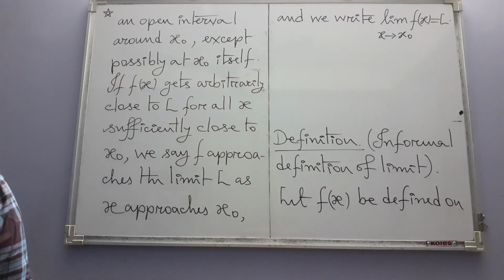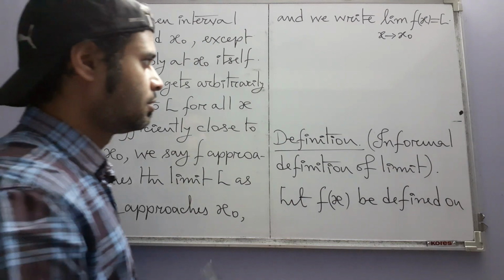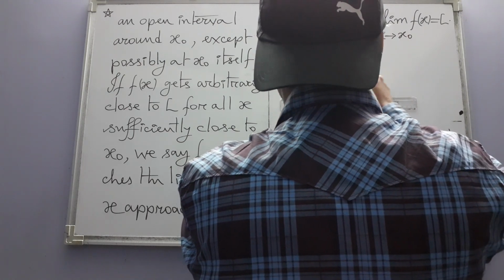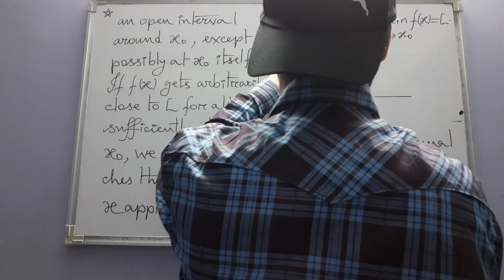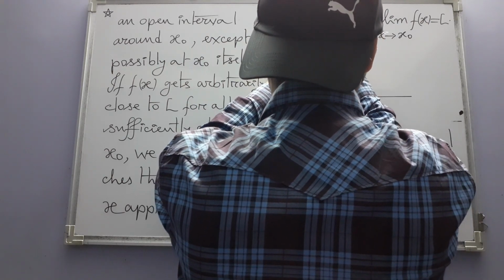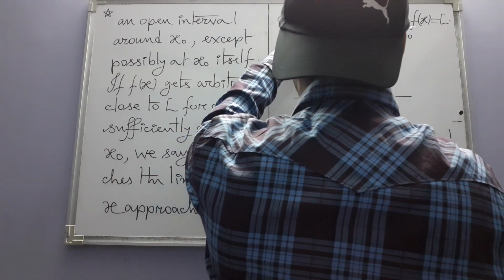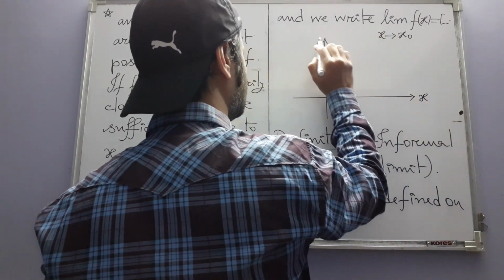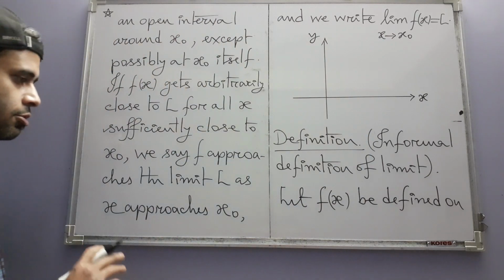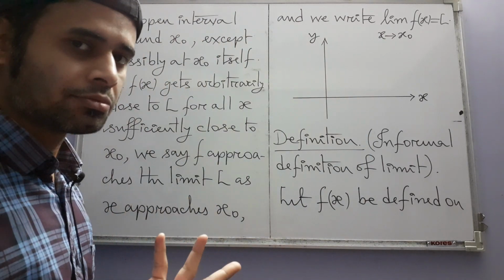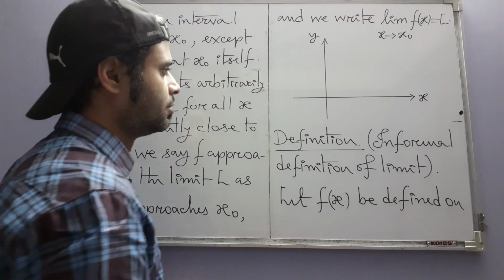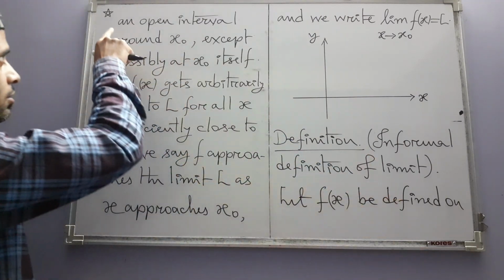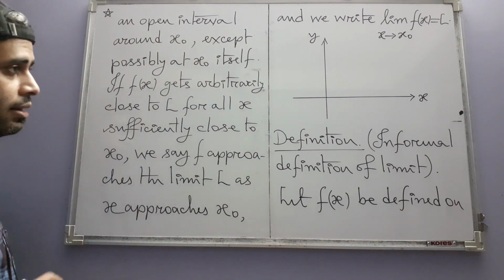Now if you see the situation in a graph, say, although there is no need to draw a y-axis here, but still I am drawing. So there is some graph of our function, but keep in mind what is being said here: f(x) is defined on an open interval around x naught.